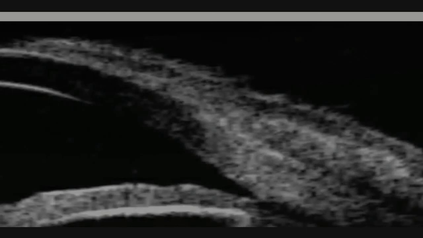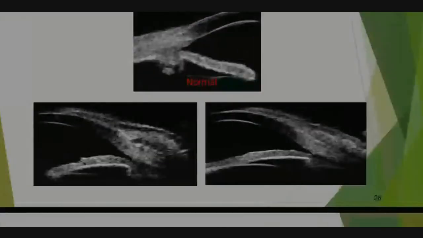Here the depth will mostly be seen through the transverse scan, because in the transverse scan we can easily differentiate between episclera, sclera and so on. So we can easily see up to which layer the mass lesion is involving.